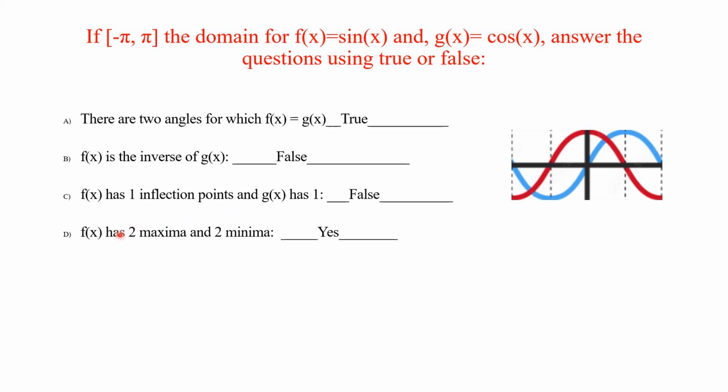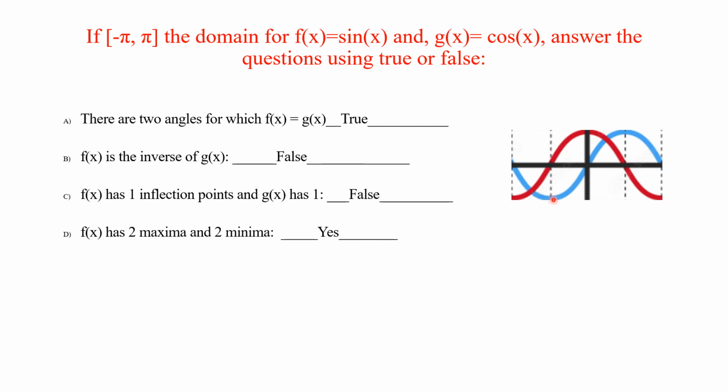The next, f of x has 2 maxima and 2 minima, and the answer to that is yes, it has 2 maxima. It has an absolute maxima, and it has a local maxima, which is an endpoint. So these are 2, and it has minima also, and the minima for it is just right here.